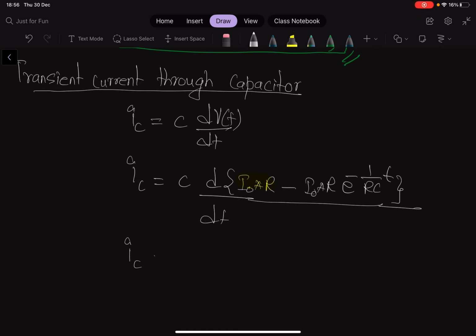So IC equals C times the negative of that, minus I naught R, which is a constant, and the derivative. So what's going to happen in the derivative? Whatever value we have in the exponent is going to multiply. So we're going to get minus 1 over RC, and the exponential stays as it is, e to the minus 1 over RC t.